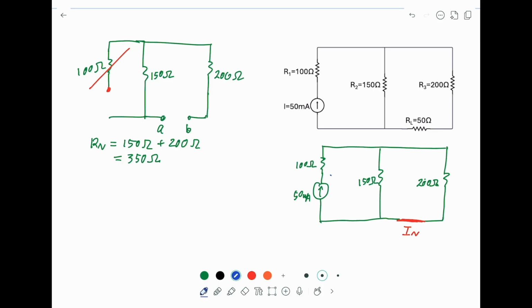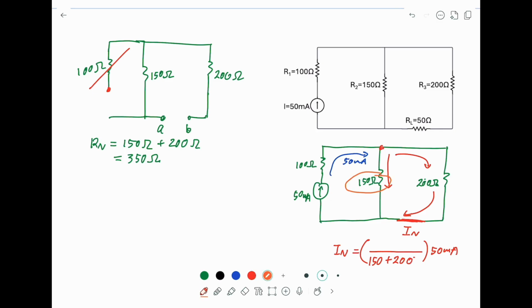Again, we can see this is 50 milliamp, and it's split into two paths. And we want to find the current passing through the 200 ohm resistor. Now, IN is therefore proportional to 50 milliamp. And the denominator of the proportional constant is 150 ohm plus 200 ohm.